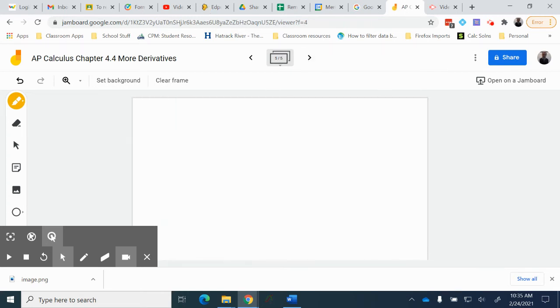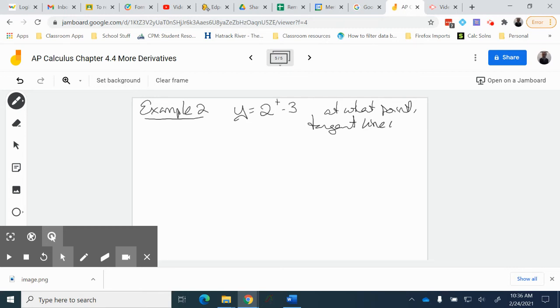All right, let's do a quick example and use this as example 2. And we're not just going to take another derivative because we've done that a lot. We've got the function y equals 2 to the t minus 3. And the question is, at what point does this have a tangent line with a slope equal to 21?